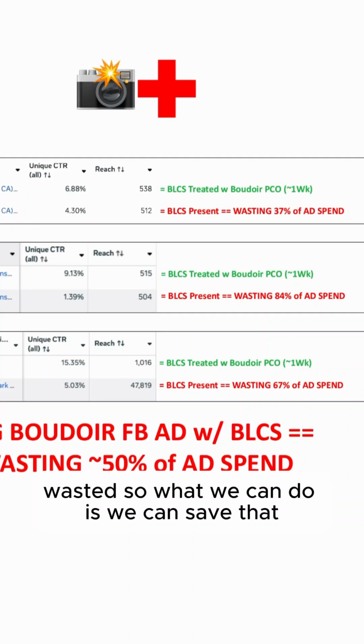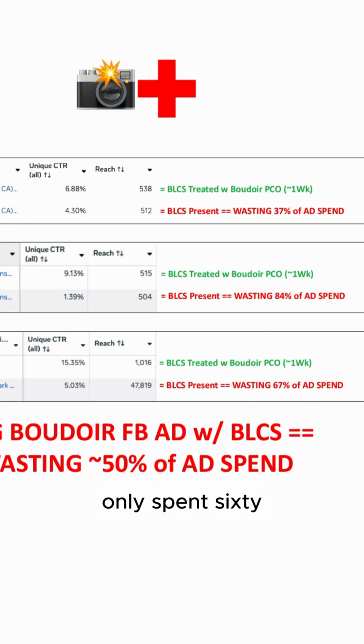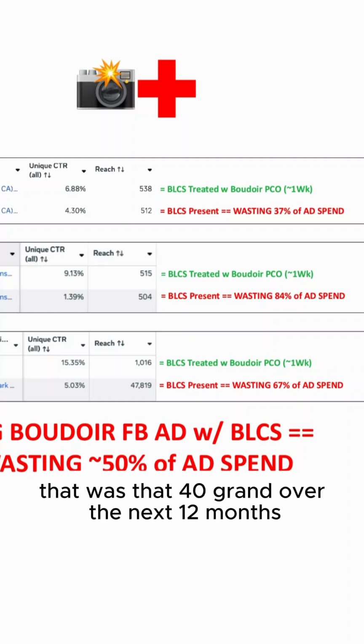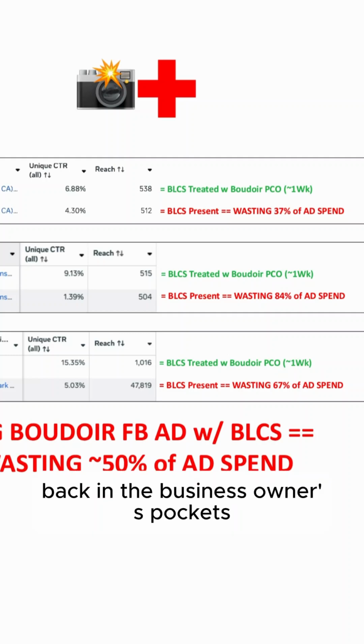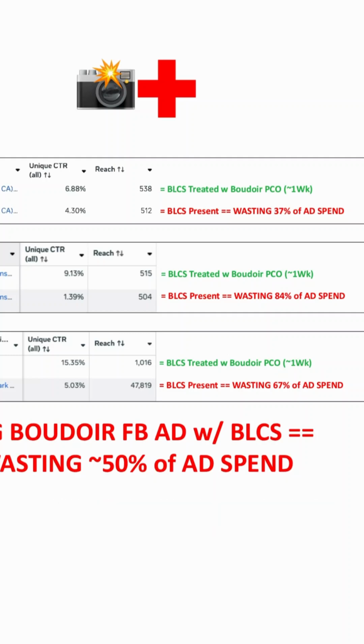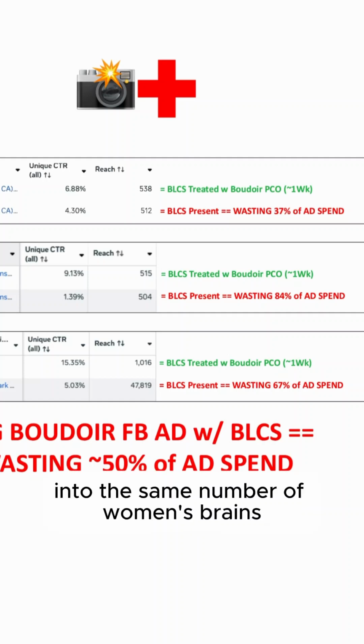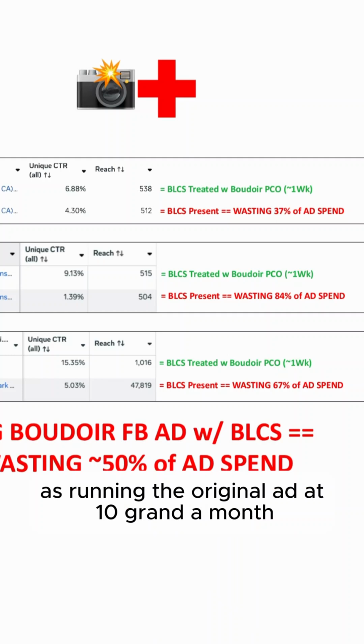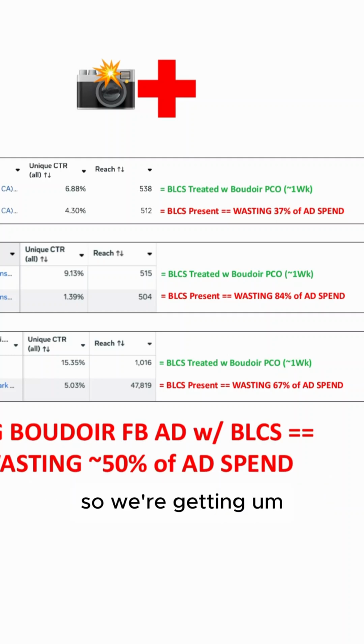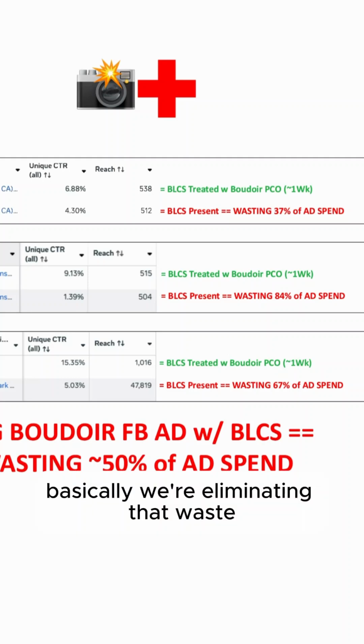So what we can do is eliminate that wasted ad spend, only spend 6,300 bucks a month on the new boudoir pico treated ads. So pocket that, what's that, 40 grand over the next 12 months, kind of phantom profit back in the business owner's pockets. And that will get our ad into the same number of women's brains as running the original ad at 10 grand a month. So we're basically eliminating that wasted ad spend, putting it back in our pocket.